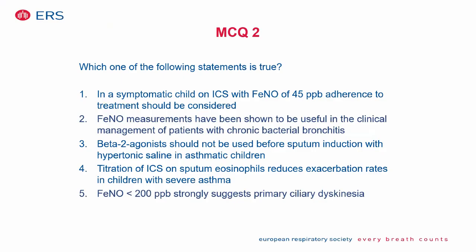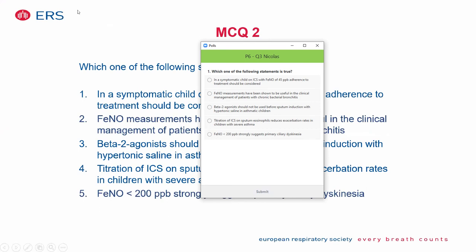So we go to the second question: which of the following statements is true? One, in a symptomatic child on ICS with a FeNO of 45 ppb, adherence to treatment should be considered. Or two, FeNO measurements have been shown to be useful in the clinical management of patients with chronic bacterial bronchitis.